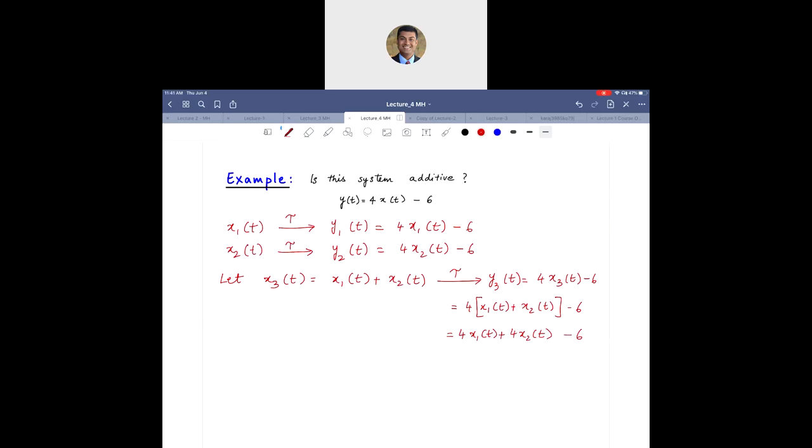Now, if we did the other way, which is system operator first and then the sum, we would literally have 4x1 plus 4x2 minus 12.